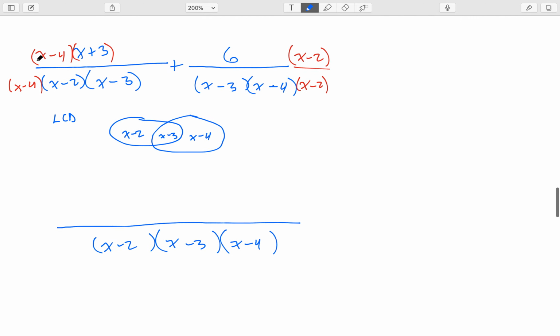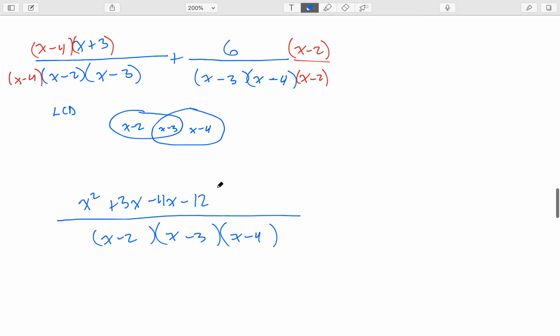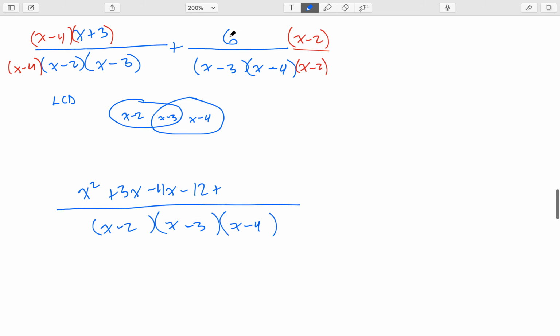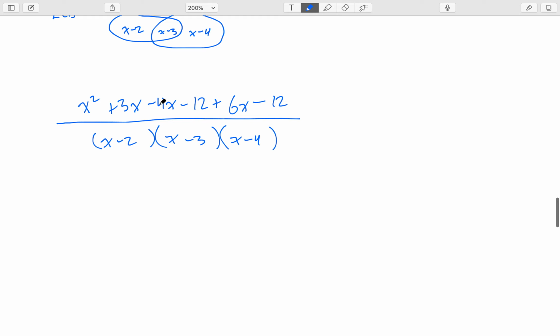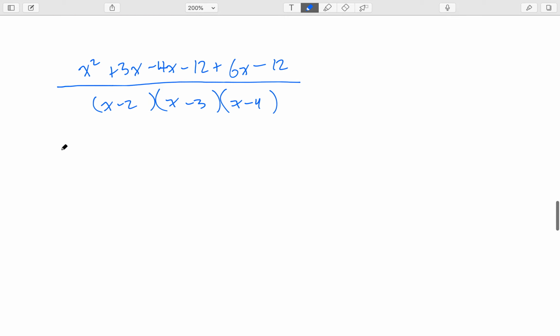This is going to be x squared plus 3x minus 4x, and then minus 12, plus, careful, if this is a minus, I would have to subtract both, right? But luckily it's a plus. So 6 times x, 6x, and 6 times minus 2, minus 12. Okay. Whew. The bottom's already factored. The top is probably a trinomial, x squared, x, and numbers. So let's start putting stuff together. What do we got?